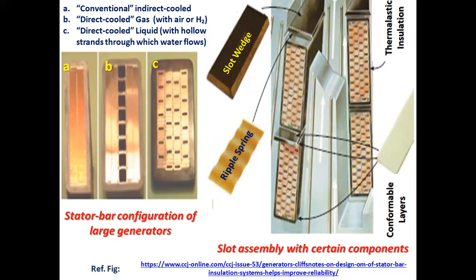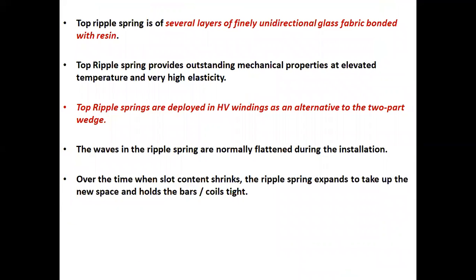One diagram for stator bar configuration of the large generators and slots assembly with certain components, that is ripple springs, slot wedges, thermal elastic insulation, conformable layers, etc. Top ripple spring is made of several layers of fine unidirectional glass fabric bonded with resin.